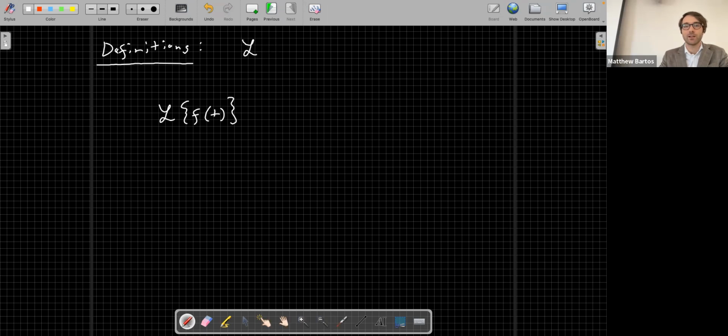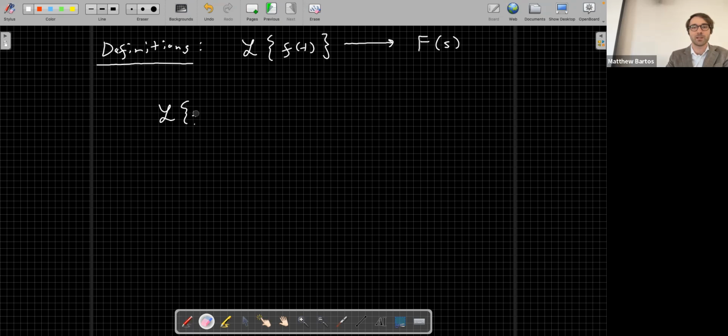When we take the Laplace transform of a function f of t, this gives us a function that I will call big F of s. So when I write big F, that means that we are in the frequency domain now. And instead of our variable t for time, we have a variable s that represents our frequency. Okay, so the Laplace transform is defined as follows.